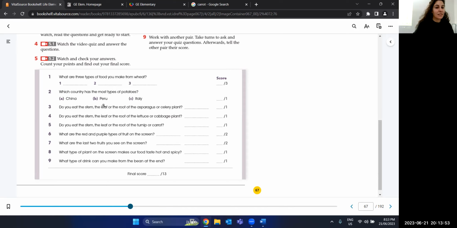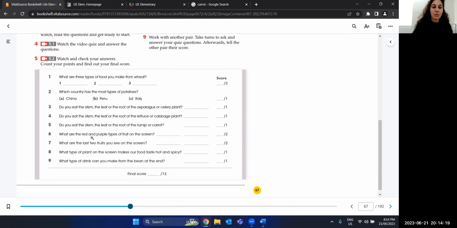You eat the stem. So make sure the stem. Do you eat the stem, leaf, or root of lettuce and cabbage? The leaf. Do you eat the stem, leaf, or root of turnip and carrots? The root. Because they're fruits that are grown under the ground.